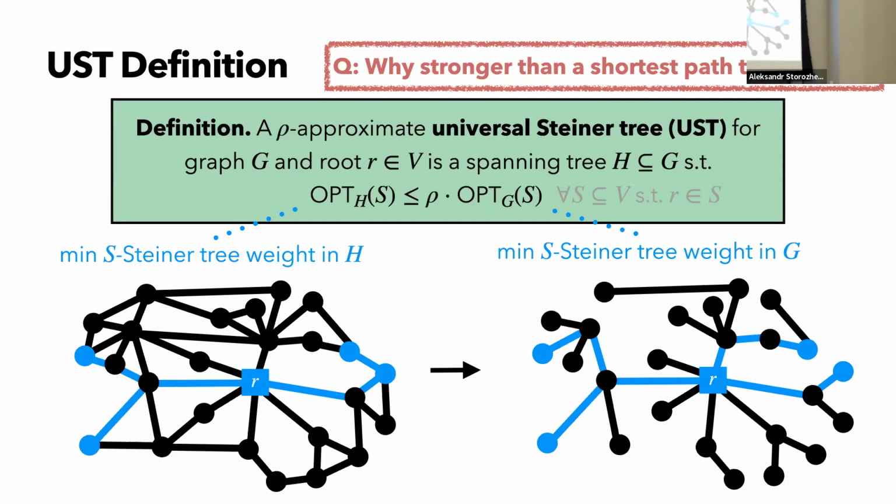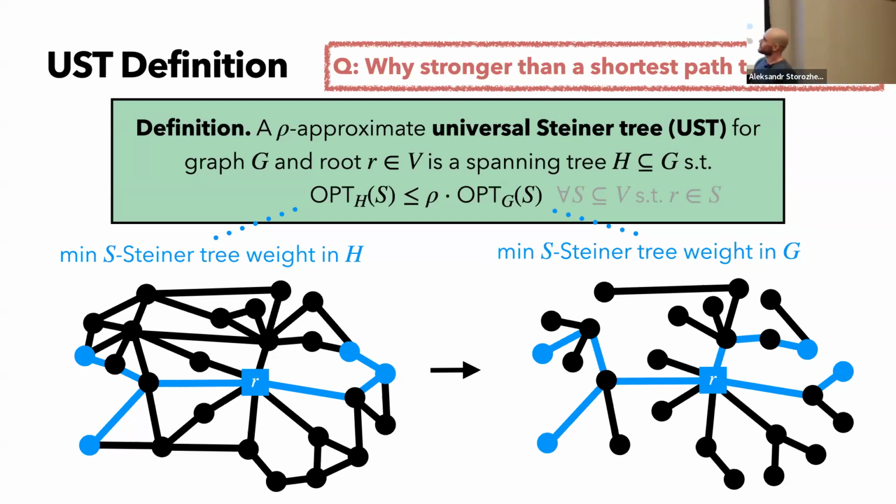If your terminal set is 2 vertices, the optimal solution for Steiner tree is always just the shortest path connecting them. So for rho equals 1, this is just a shortest path tree. You can think of this as an approximate shortest path tree that's supposed to work for subsets of vertices instead of just pairs of vertices, where one of those pairs is always the root. Okay, everyone good with what a shortest path tree is?